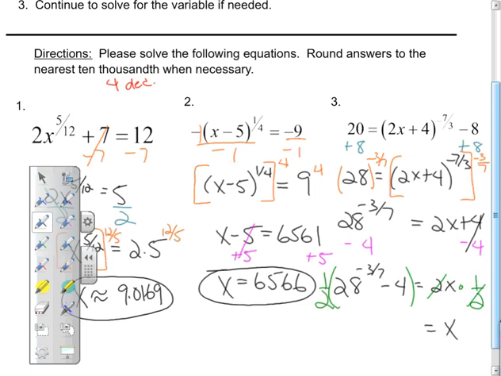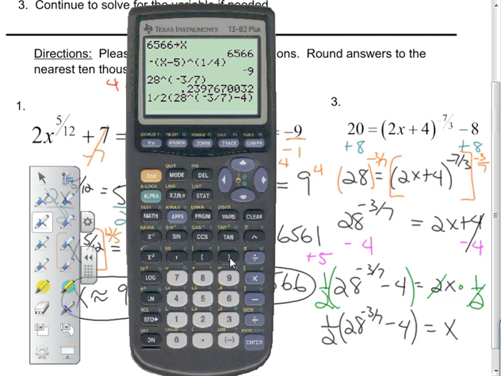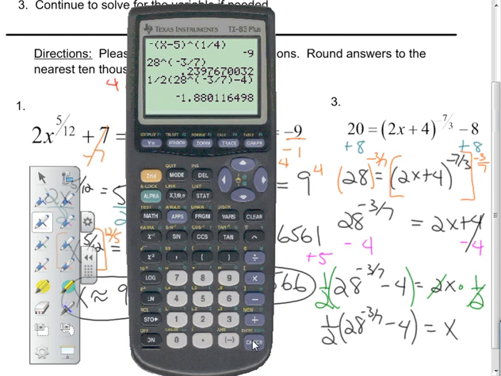This is going to give me 1/2 times the quantity, 28 to the -3/7 minus 4, which I think is then a good time to go to my calculator and do 1/2 times 28 to the -3/7 grouped in a set of parentheses for my calculator using this operating system, minus 4.